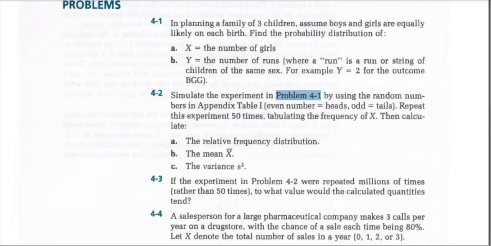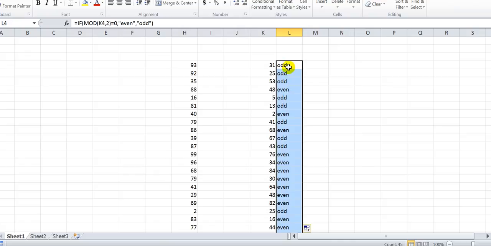But if you wanted to simulate this, instead of even and odd, you could call them male and female, and then you could take the first 3 as the first family, the next 3 as the next family, and so on.